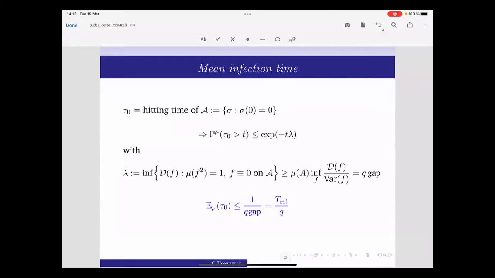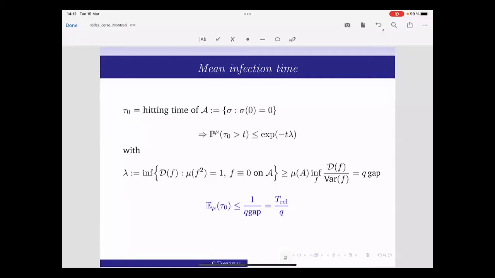is the first time at which a given site, say the origin, since we have translation invariance so we can choose any given site, is first set to 0. The hitting time of this event that the origin is set to 0 can be studied under the stationary process, which is started from the equilibrium measure.